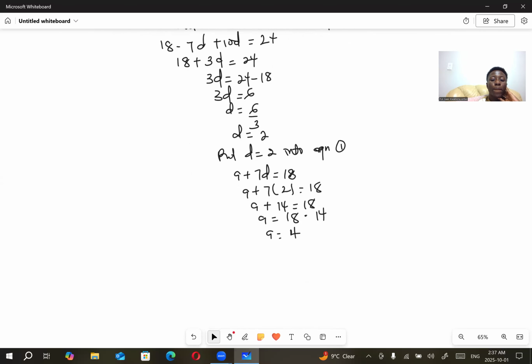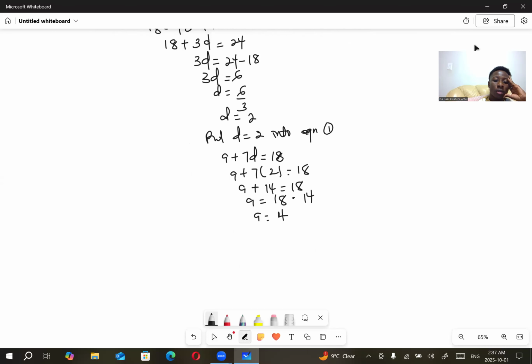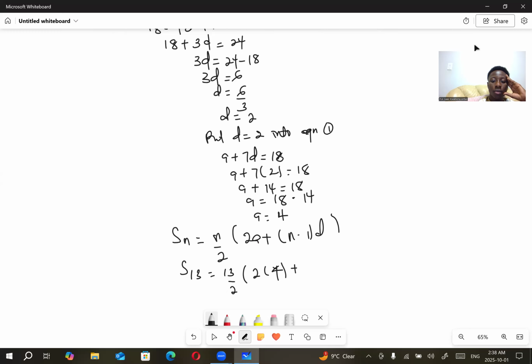So S13. Sn is equal to n over 2 into brackets 2a plus n minus 1 d. So S13 will be equal to 13 over 2 into bracket 2a, a is 4, plus 13 minus 1 will be 12, d is 2.